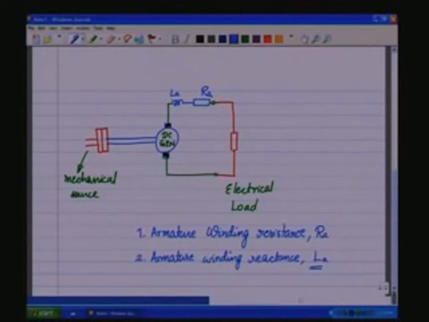Of course, the armature inductance will come into play only during dynamics. So, when we are writing the dynamic model, we will try to consider the LA.